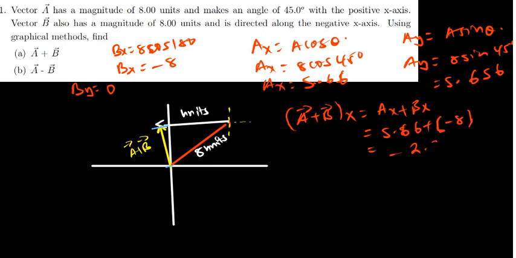Negative 2.34. So now I want you to observe this. Have you seen when we use the graphical method? I want you to get the ruler and measure and give me the answers, right? Now I want you guys to understand this. The angle which you are going to find is supposed to fall in the second quadrant, because using the graphical method you can even see here that this A plus B is in the second quadrant.